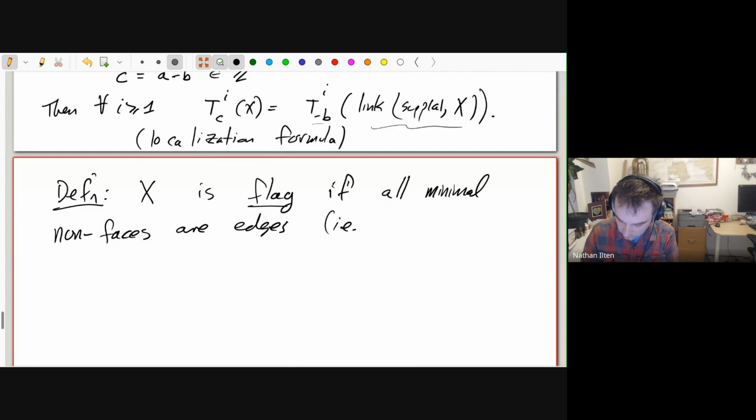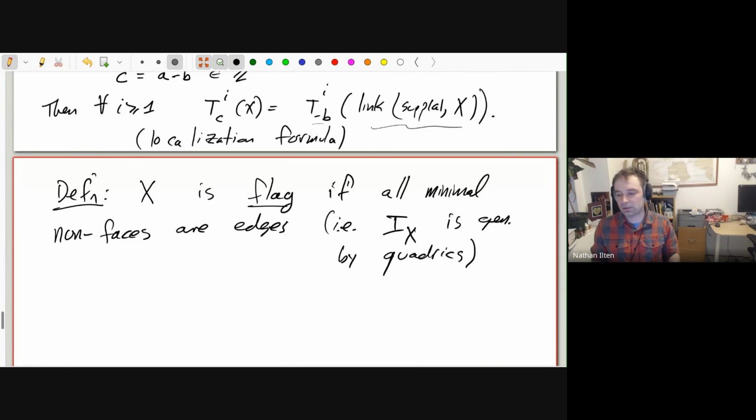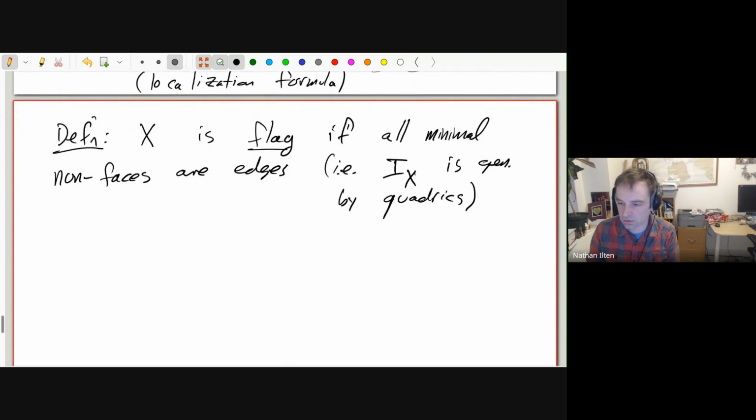In other words, this Stanley-Reisner ideal I_X is generated by quadrics. Okay, so this is certainly a restriction. An arbitrary simplicial complex is not going to be flag, but many interesting simplicial complexes are flag complexes, including these cluster complexes that I was talking about very briefly earlier on in the talk. So this is a special subclass of simplicial complexes where we're going to have some stronger results.